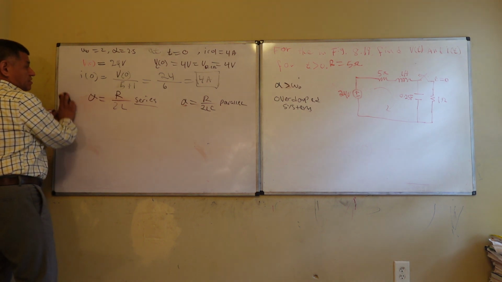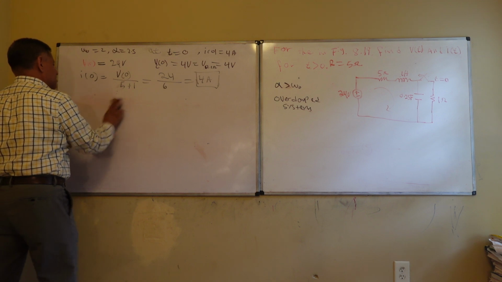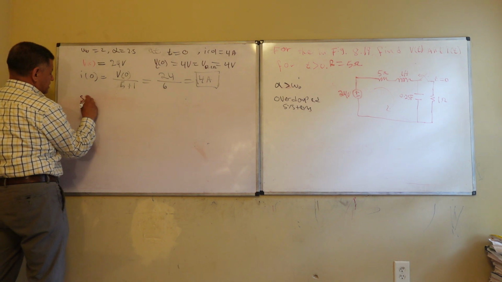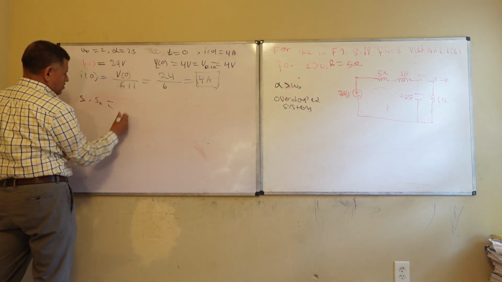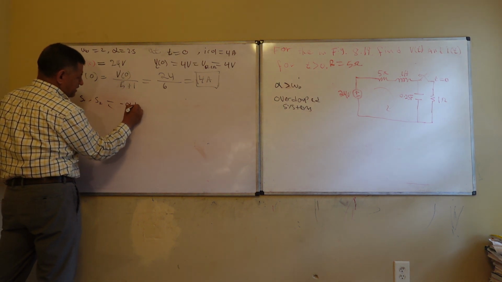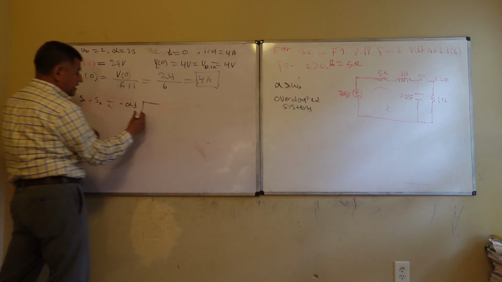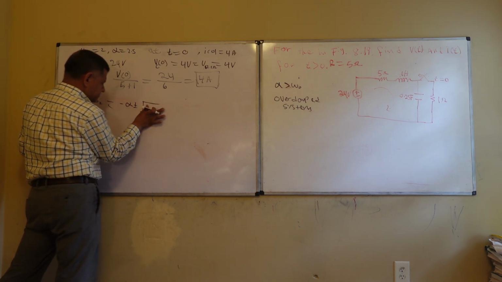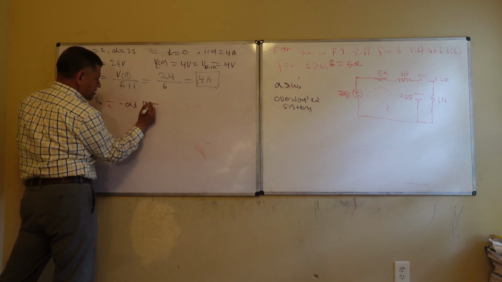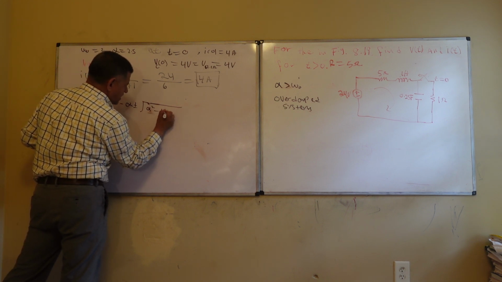Now that we have this, we need to find S1 and S2, which normally is negative alpha plus or minus the square root of alpha squared minus omega naught squared.